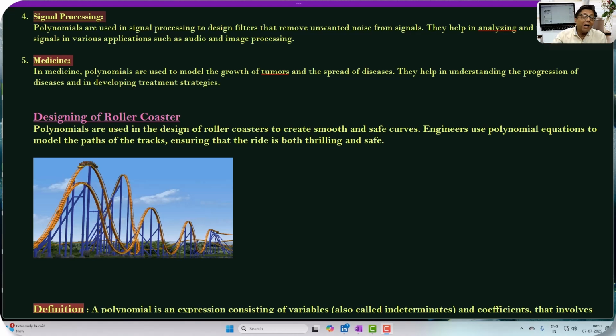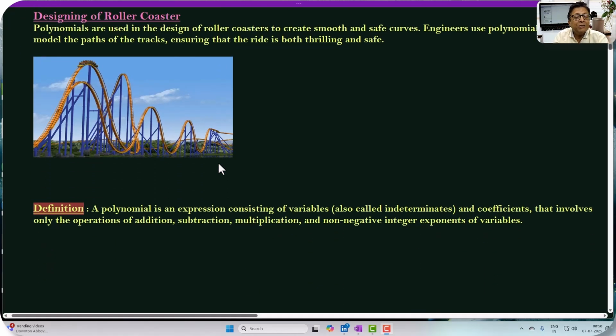Okay, whatever. I am not here to discuss all these things in detail today. I just want to bring interest among you to study all these things in future or design models on practical applications of polynomials. Let us start with the definition of polynomial.